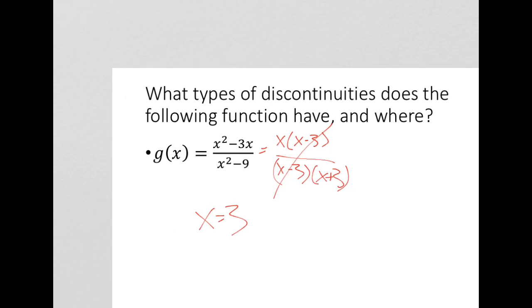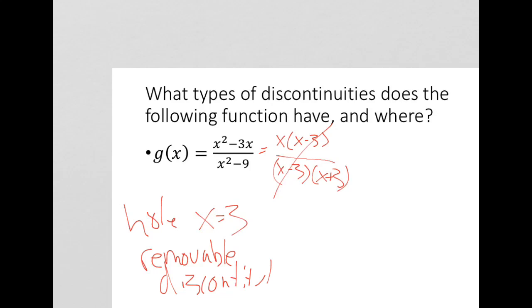So again, a hole is a removable discontinuity, and we also have a vertical asymptote at x equals -3.